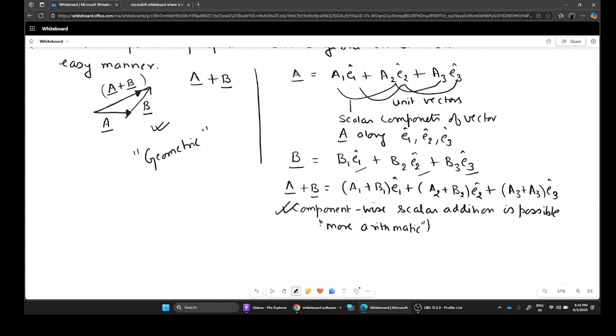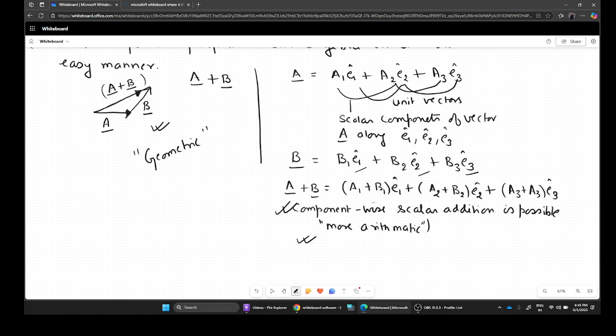This feature makes this method more attractive, especially if you have to perform vector additions or even other vector operations like cross product or dot product on a computer.